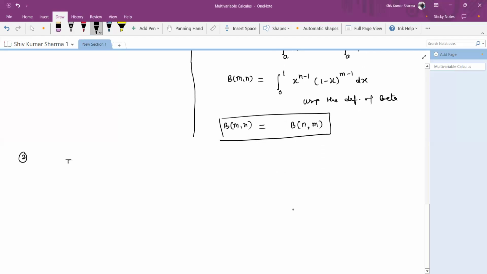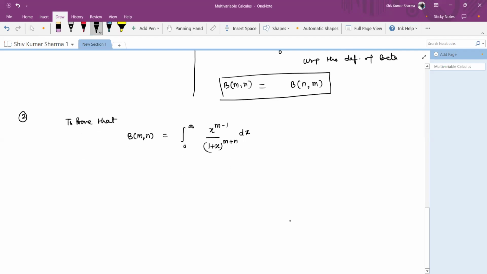To prove that beta(m, n) is equal to the integral from 0 to infinity of x raised to the power m minus 1 upon (1 plus x) raised to the power m plus n into dx. Okay, so this is our property. We shall prove this property by using the definition of beta function.